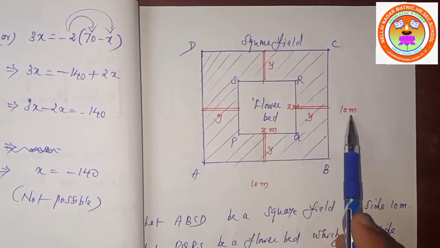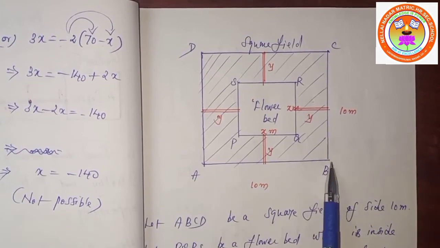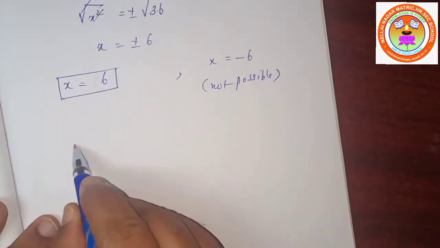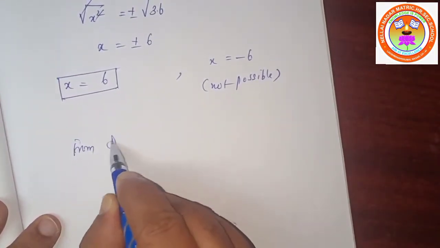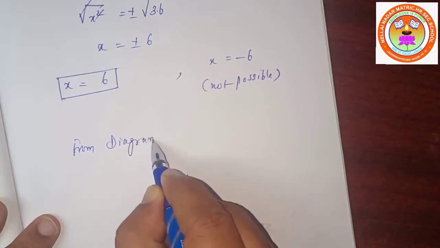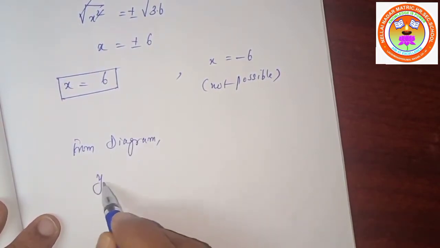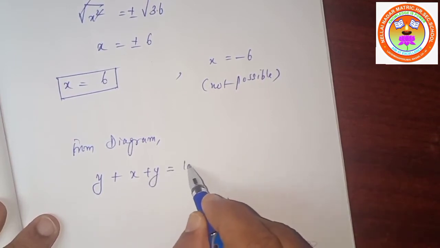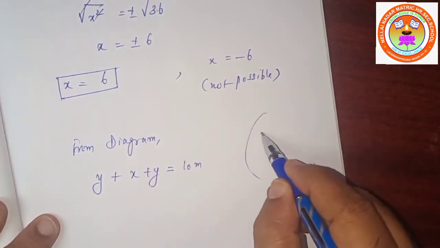Y plus x plus y is equal to the total length. What is the total length? 10. So I write from the diagram, y plus x plus y is equal to 10 meters.